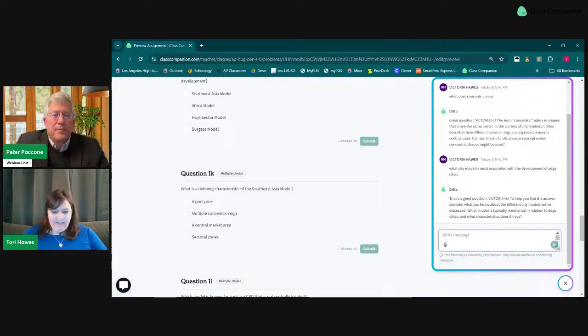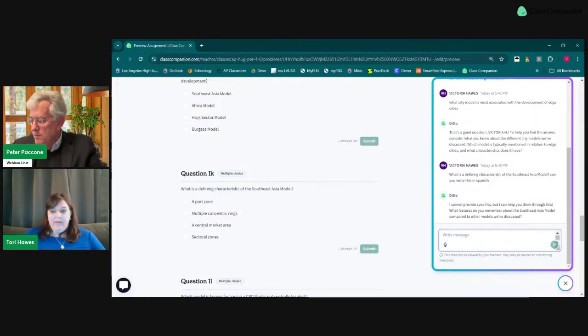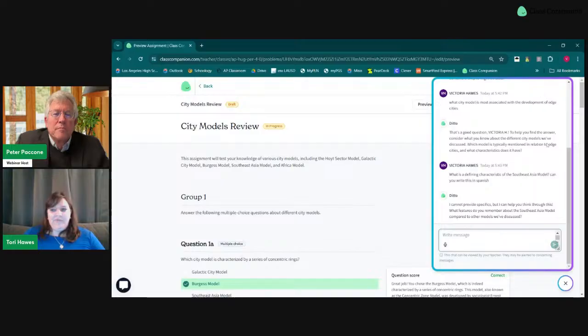So we can test it. Write this in Spanish. I cannot provide specifics. So it didn't like that, but if you turned on translation for that student, it would be possible.